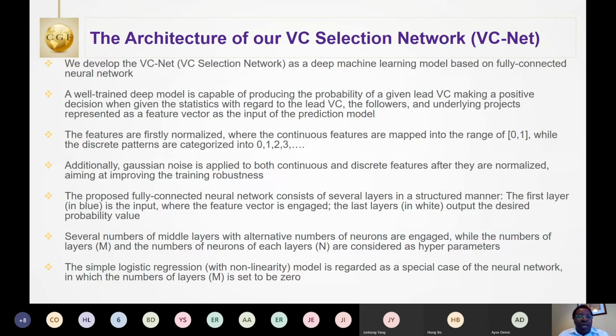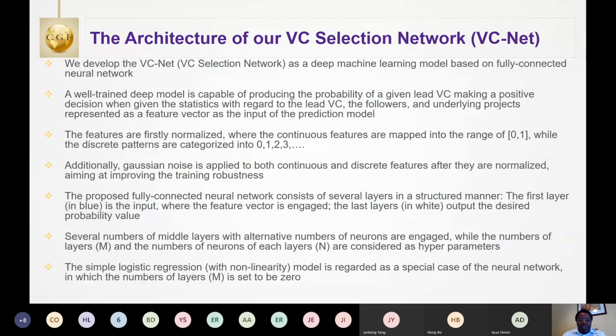Effort is made to follow a Gaussian distribution, and Gaussian noise is applied to continuous and discrete features after they are normalized, which improves the training robustness. In other methods like simulation, white Gaussian noise is added to residuals to do forecasting and tracking. So it is almost analytically the same type of procedure.